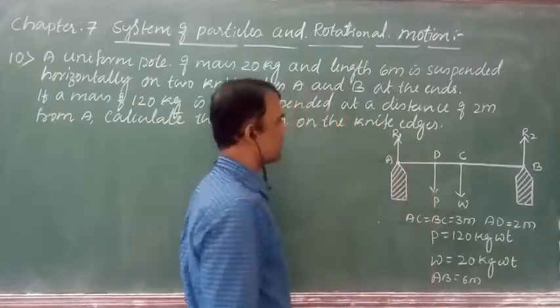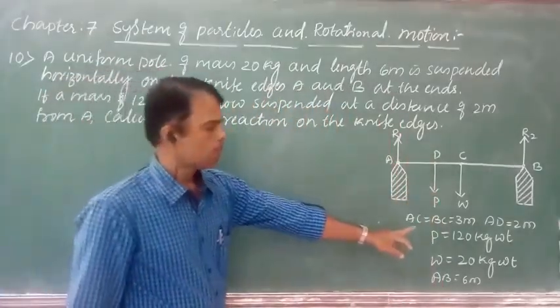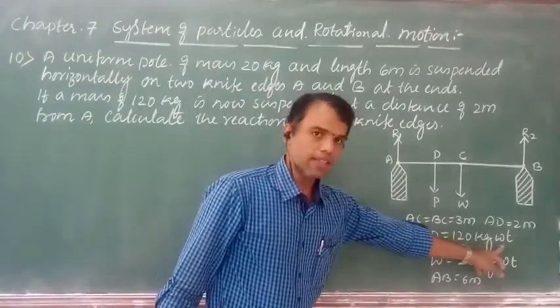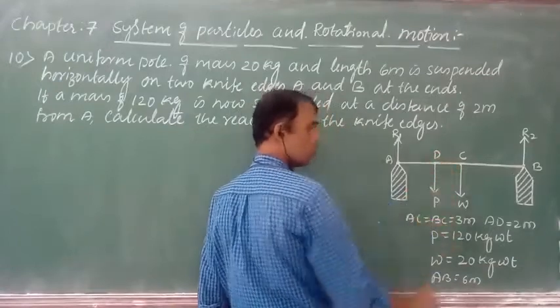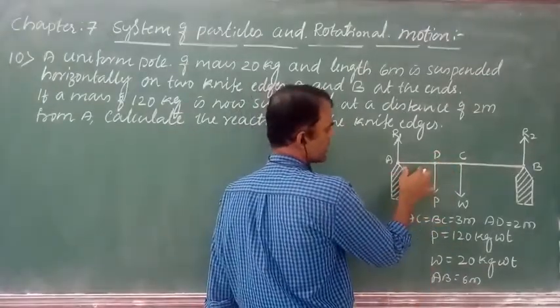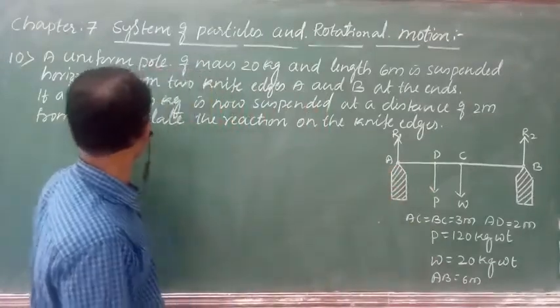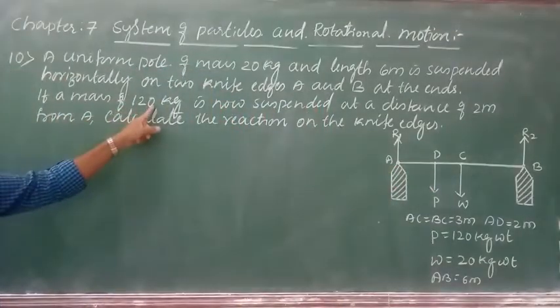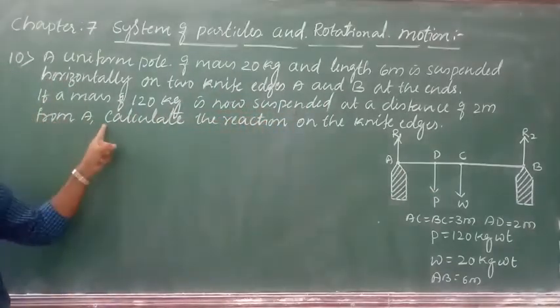After that, another weight of 120 kg weight is suspended from this pole at a distance of 2 meters from the end A, as given in the problem.